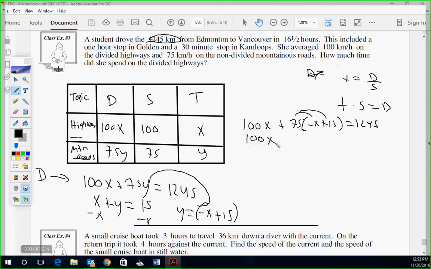So 100x minus 75x. Okay, 75 times 15, somebody do that? Thank you. Okay, 100 minus 75 is 25. We'll subtract this over. That gives me 120.